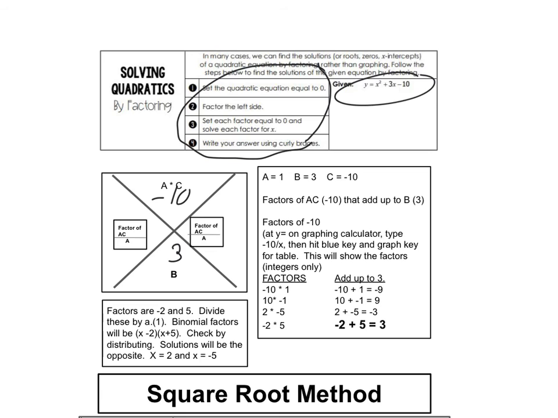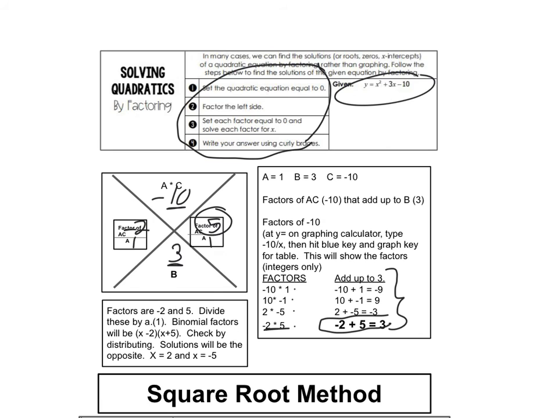So we're looking at the factors of negative 10 that add up to 3. And if you look at this part, we've listed out the factors, and we see which of those, if you add them together, would give you 3. And we'll see that this pair of factors, negative 2 and 5, if I multiply them, I get negative 10. If I add them together, I get positive 3. And we're dividing by A, which is 1.